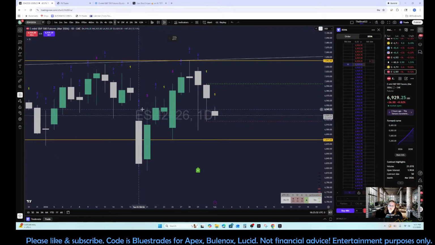So you have a directional bar. All bars will start as a 1. In order to get a 3, you need it to be a 2 first. You don't know if it's going to turn into a 3 until it crosses the 50% on the fib of the previous bar.